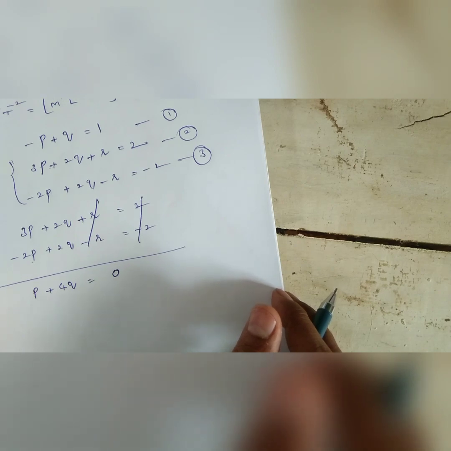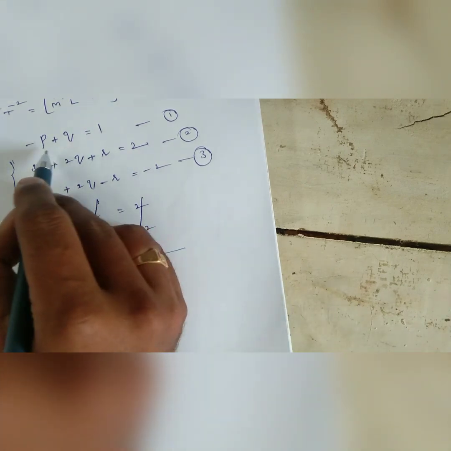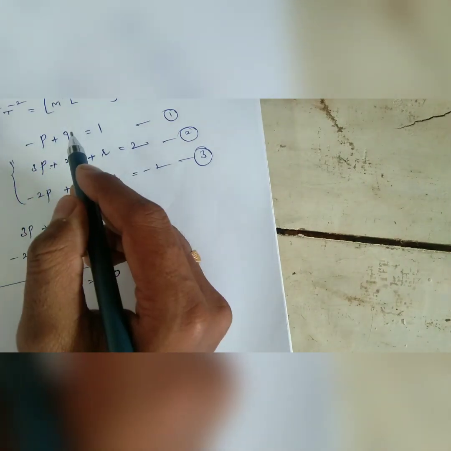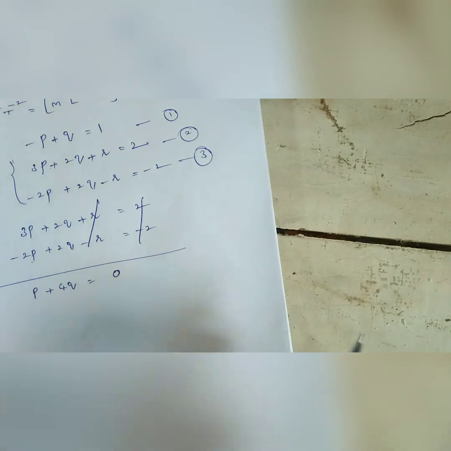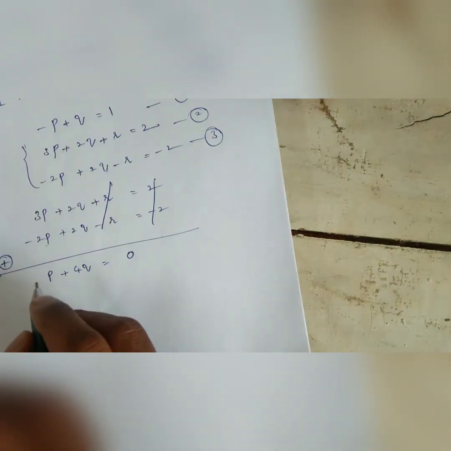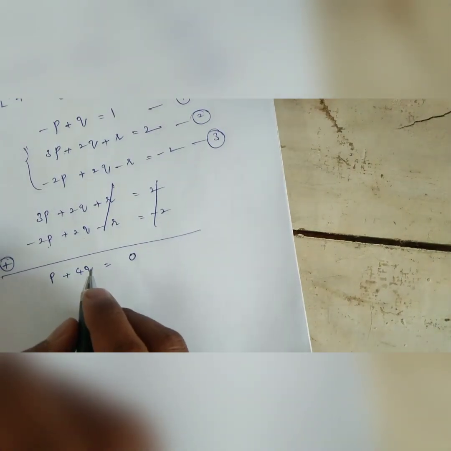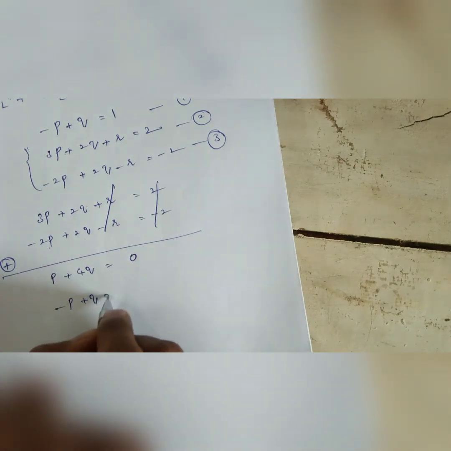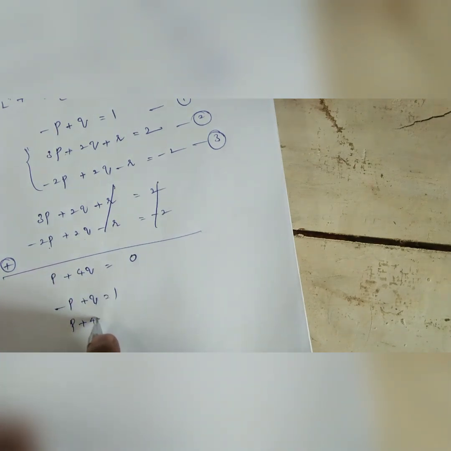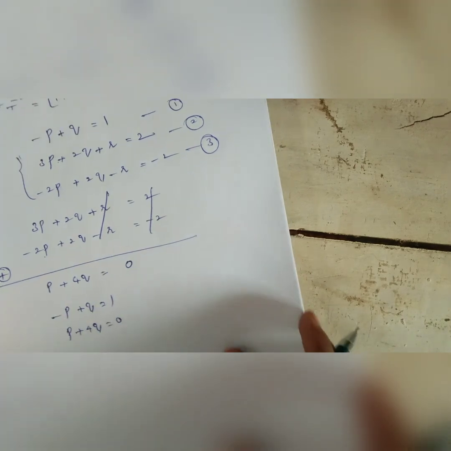Now we have from equation 1: minus P plus Q is equal to 1, and P plus 4Q is equal to 0.